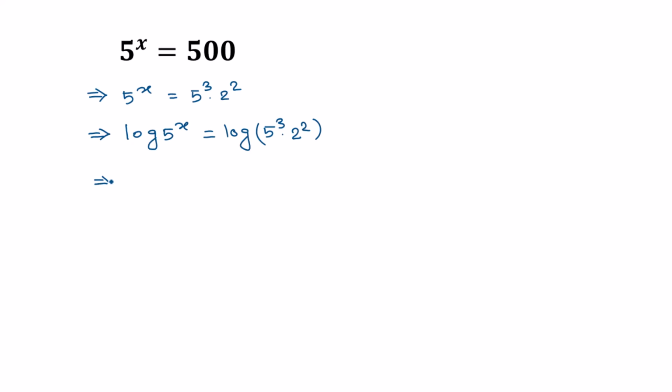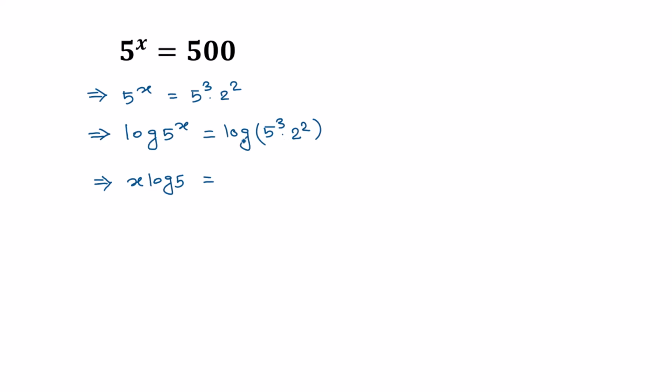Applying the formula log a to the power b is equal to b log a, we can write log 5 to the power x as x times log of 5 is equal to, applying the formula log a times b is equal to log a plus log b.